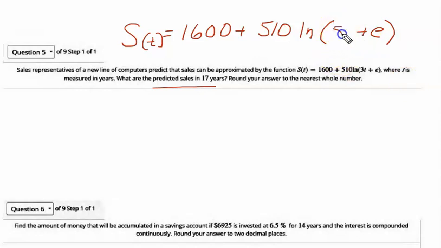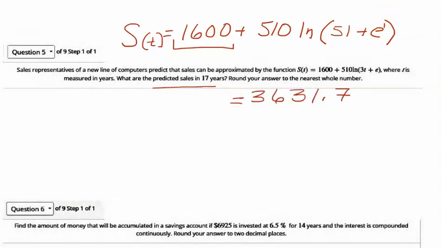To 51. And now it's just a matter of putting this into your calculator. 1600 plus 510, hit the natural log key, put a parenthesis, 51 plus e. And if you need to put a caret in there, this is e to the first power, and then close the parenthesis and see what you get.